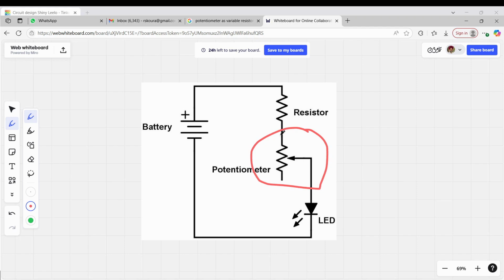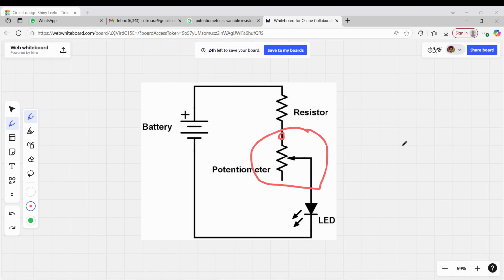A potentiometer basically has three legs, three pins. We are using only one pin, that is this pin, and the wiper. We are not using the third pin. So if you're connecting a potentiometer like this, it actually behaves like a variable resistor.